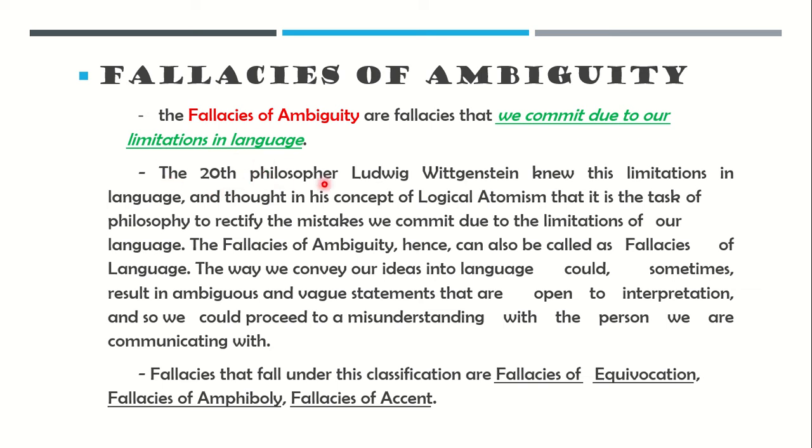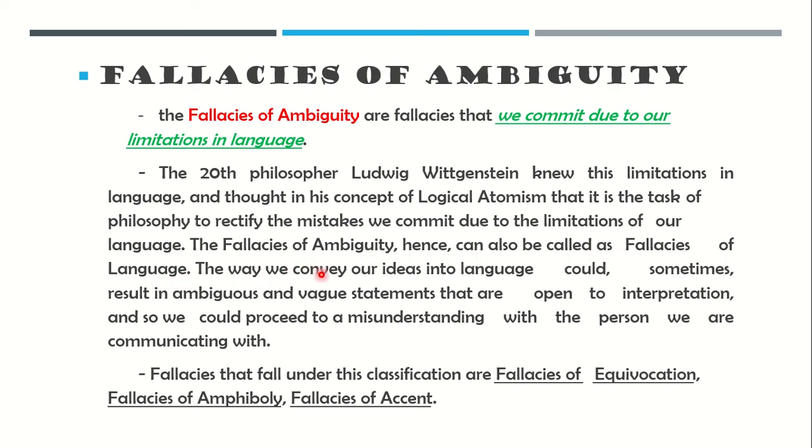The 20th century philosopher Ludwig Wittgenstein noted this limitation in language and thought in his concept of logical atomism, that it is the task of philosophy to rectify the mistakes we commit due to the limitations of our language. The fallacies of ambiguity hence can also be called fallacies of language.